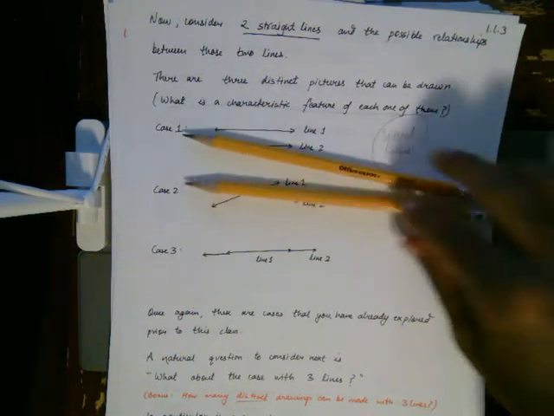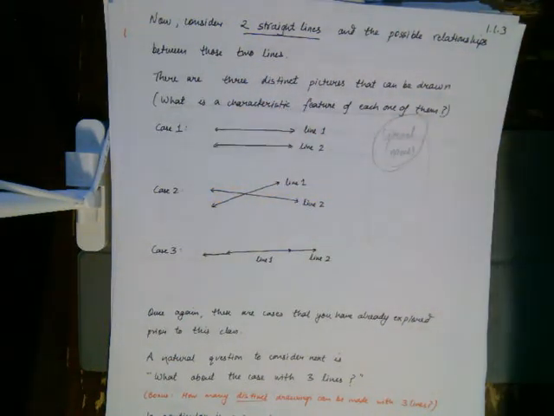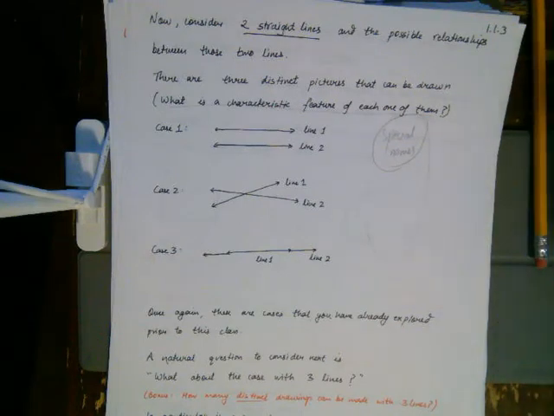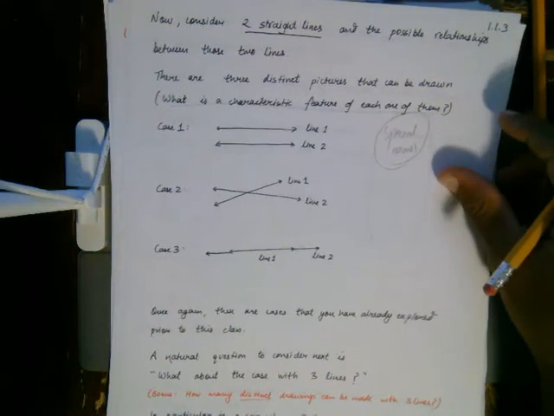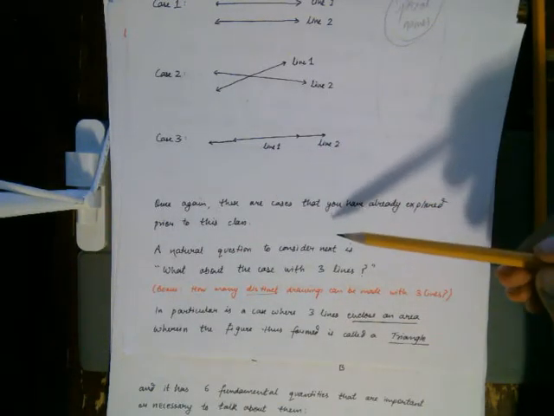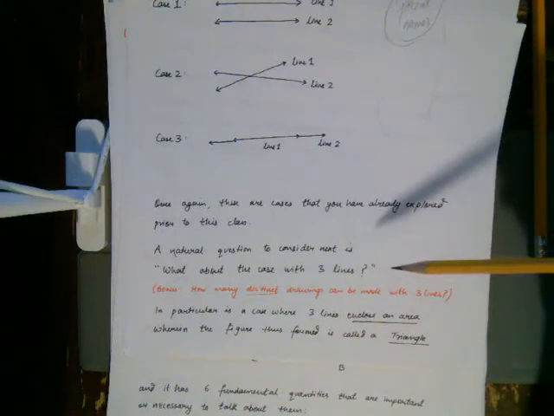So you have this one case, this other case, and this third case. That's a general way of studying mathematics: you look at objects and then you look at their relationships. So with that done, a natural question to consider is, what about the case with three lines?